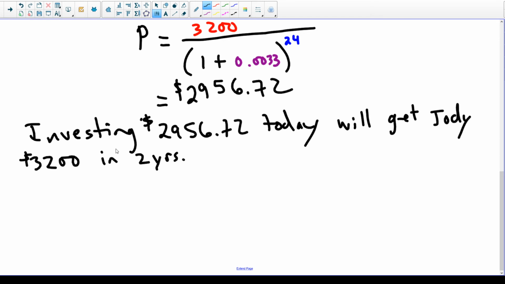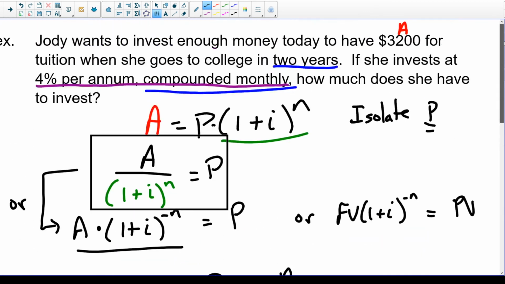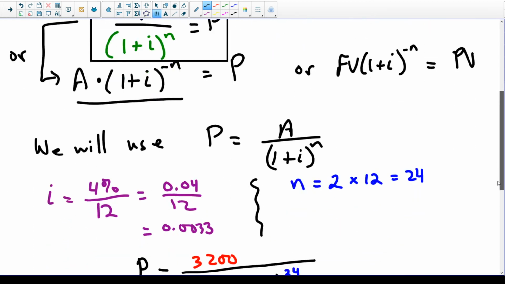The trickiest thing about these questions is reading the question and understanding what it's asking. If you see anything in a sentence that says something about wanting to invest money today to end up with a future amount, that's when you have to rearrange the equation to get P by itself. Your homework questions will hopefully get you used to that kind of language.